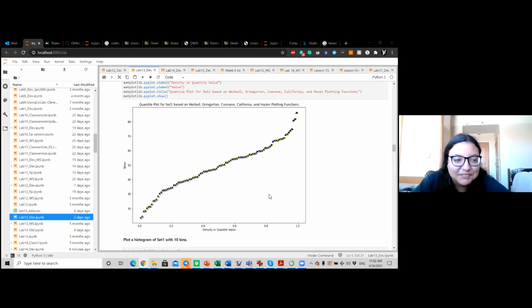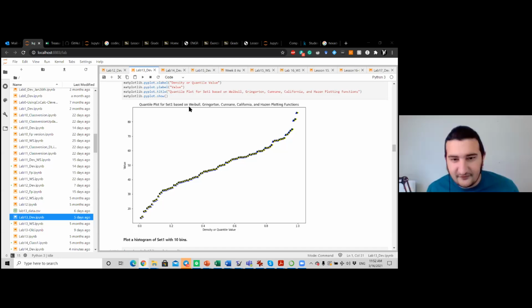What was the question? We looked at different plotting position formulas on Thursday: Weibull, Green-Gorton, Cunane, California, and Hazen, and we compared them. So my question is, which one of them was clearly better than the others?